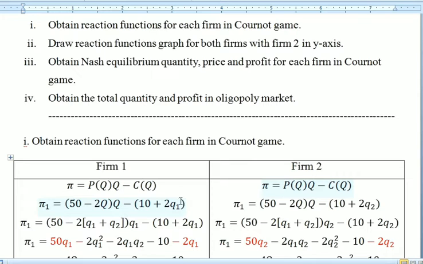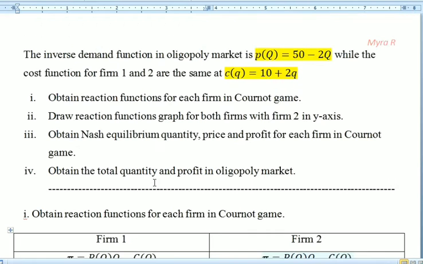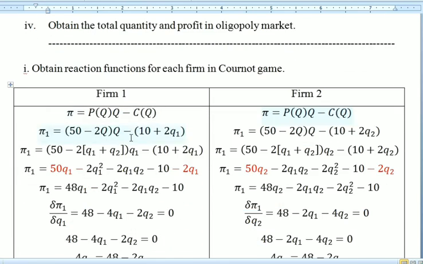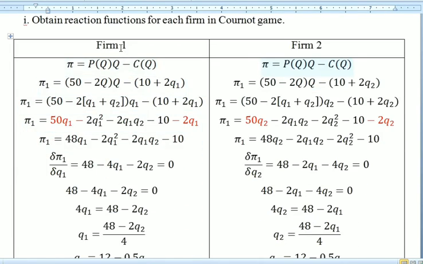The capital Q we substitute as Q1 plus Q2, and outside of the bracket equals Q1. So we multiply with Q1, and we get 50Q1 minus 2Q1 squared minus 2Q1Q2 minus 10 minus 2Q1. So we get 48Q1 minus 2Q1 squared minus 2Q1Q2 minus 10.